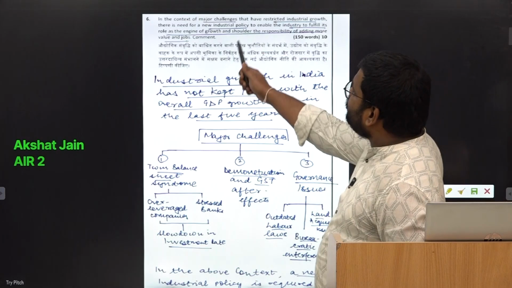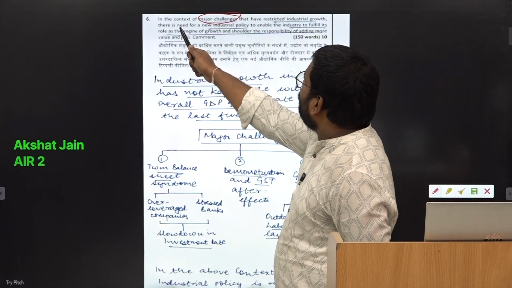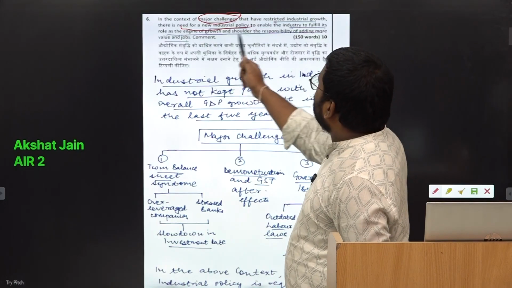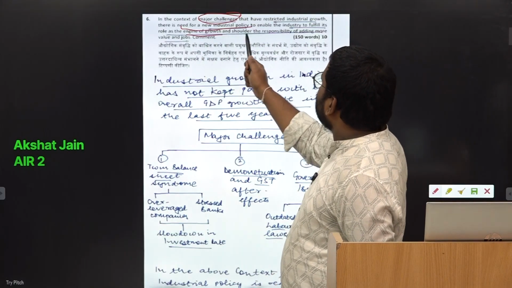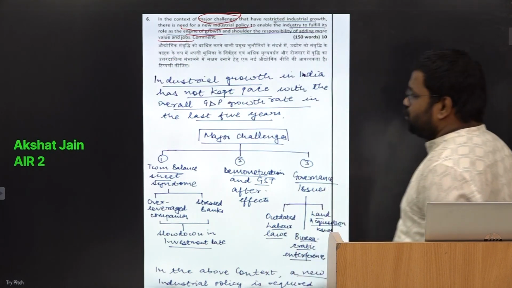So basically they are asking, in the context of major challenges, there is a need for a new industrial policy for engines of growth, value addition and jobs.